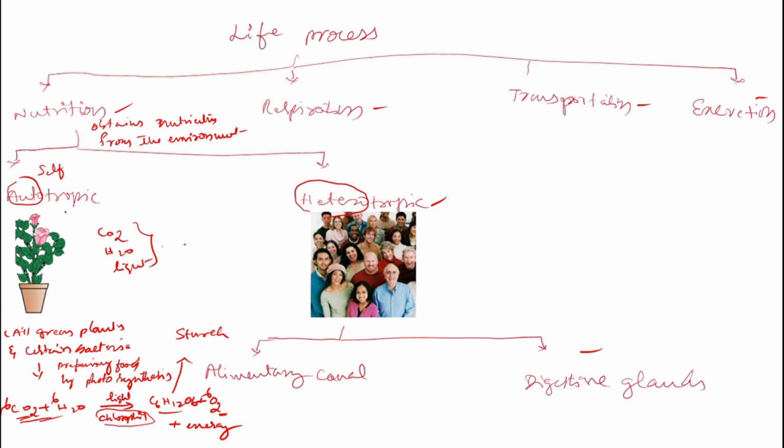Now we will see heterotrophic nutrition. Here, in autotrophic nutrition, we have mentioned plants and certain bacteria. In heterotrophic nutrition we can see human beings and amoeba.